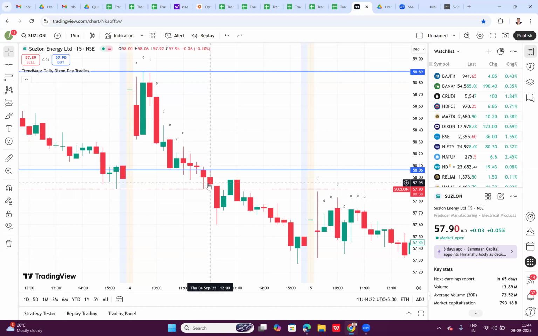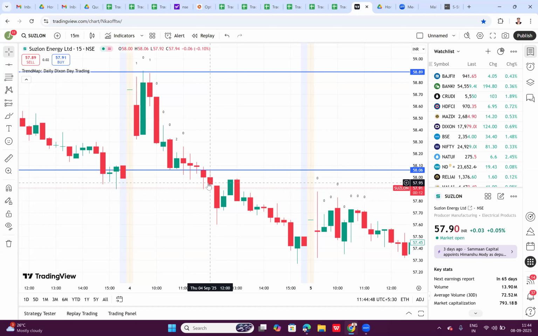Okay, the first target in Suzlon is 20 paisa in options, and 50 paisa is the first target in futures. I hope you all have full clarity about the option rule. In Suzlon, always select a strike price which has a premium between 1 to 1.5.